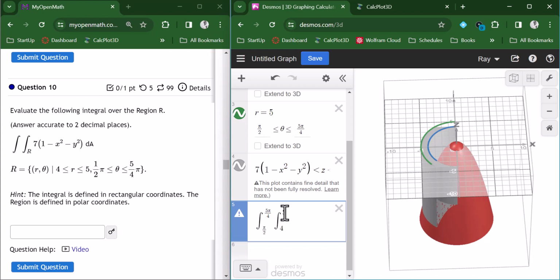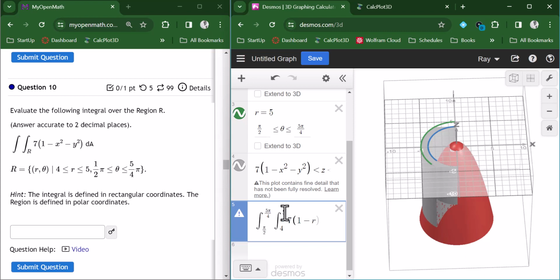Now your integrand is going to be 7 times 1 minus x squared minus y squared. But remember that we're changing this into polar coordinates. So instead of x squared plus y squared, we're going to use r squared.